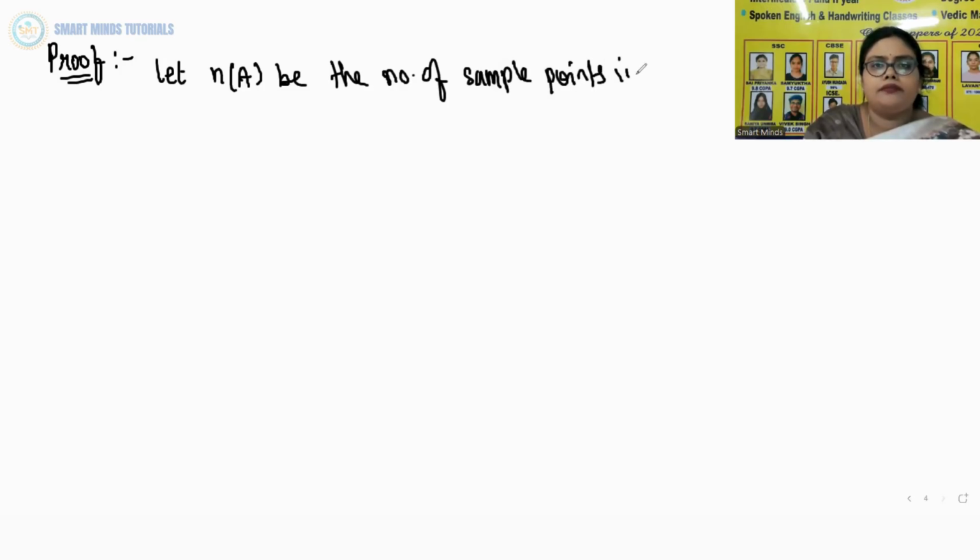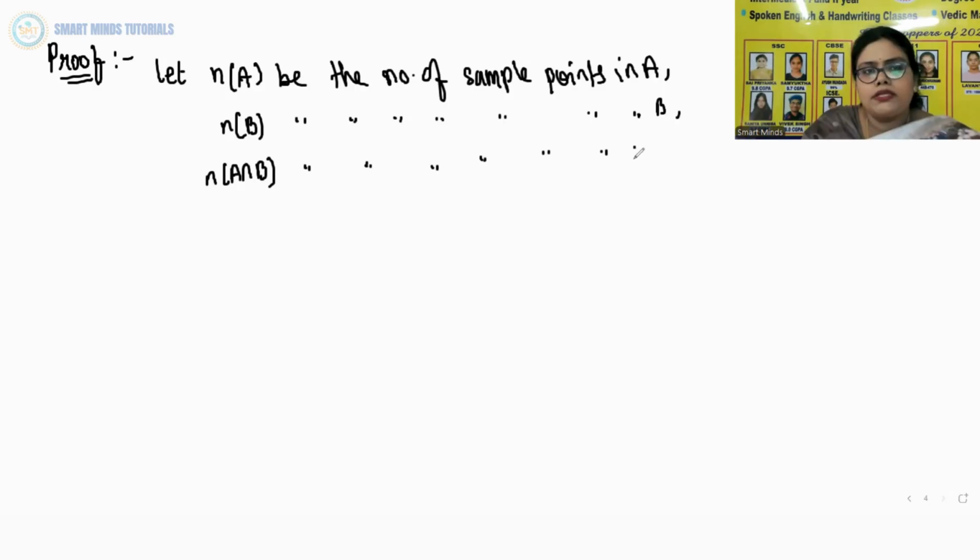Now we will start the proof. Let N of A be the number of sample points in A, N of B be the number of sample points in B, N of A intersection B be the number of sample points in A intersection B, and N of S be the number of sample points in S. Then how can we write P of A?